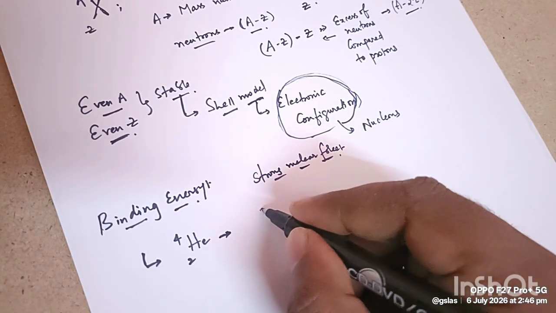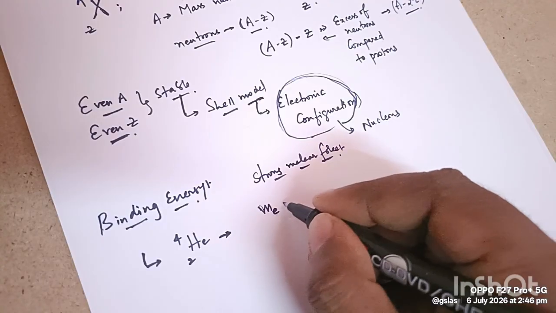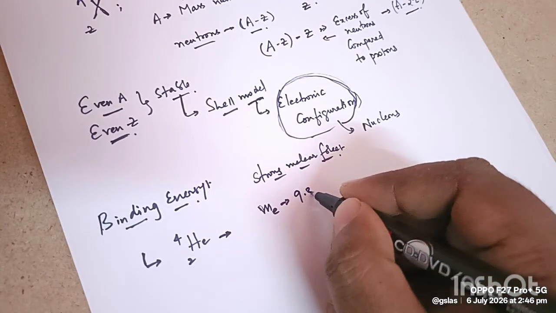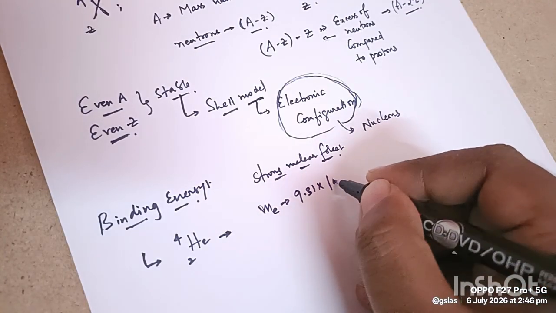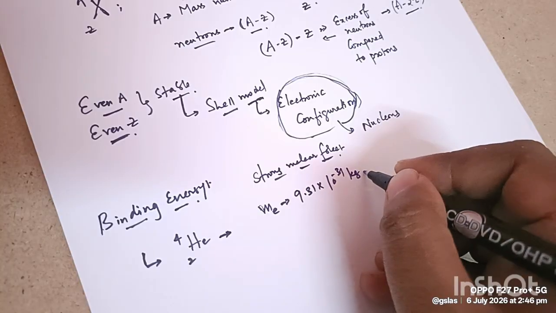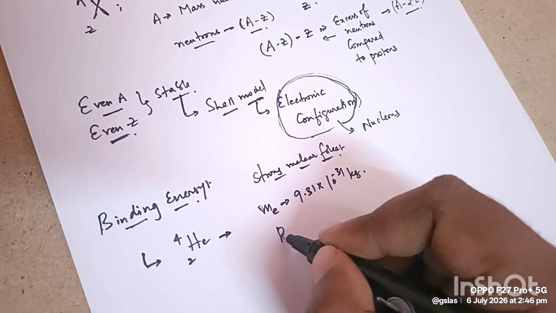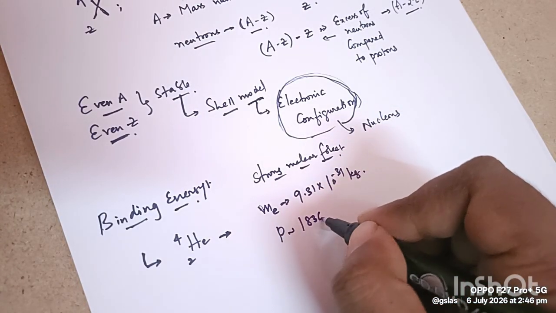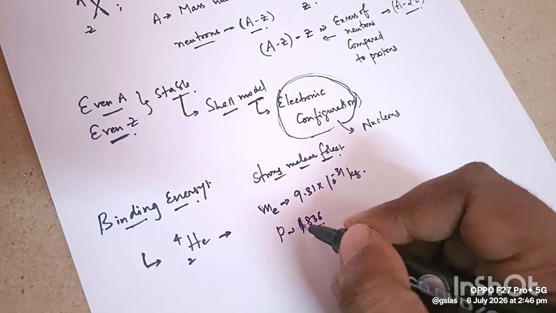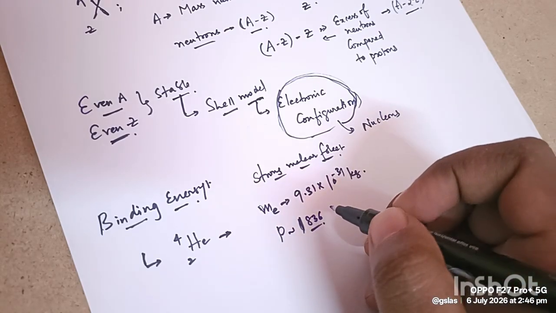We do know the mass of an electron is in normal terms around 9.1 times 10 to the power of minus 31 kilograms, and a proton is around 1836 times heavier than an electron.